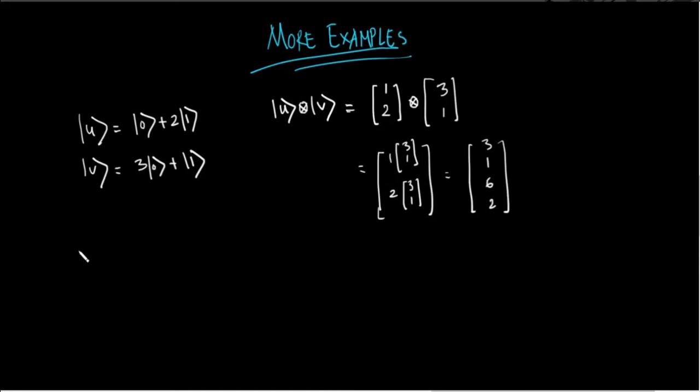I have a state of the composite space, and the state is of the form 1 1 2 2.